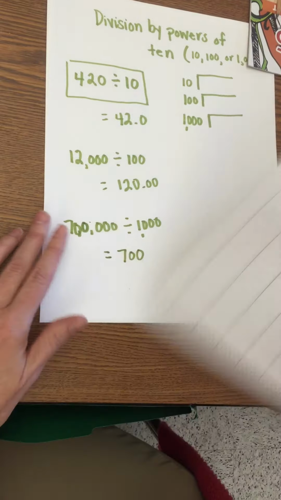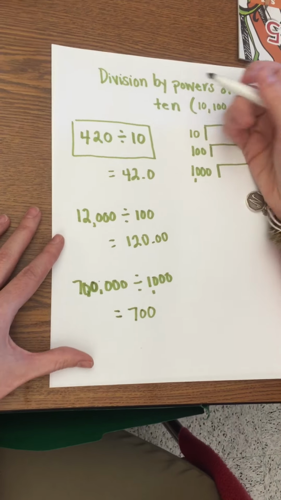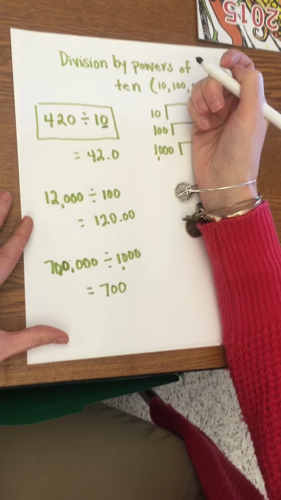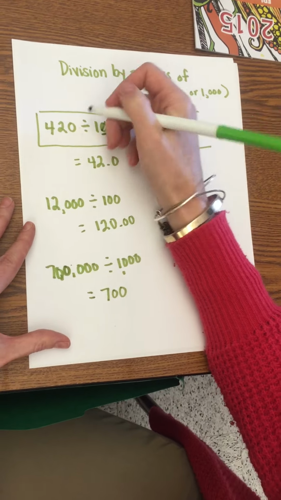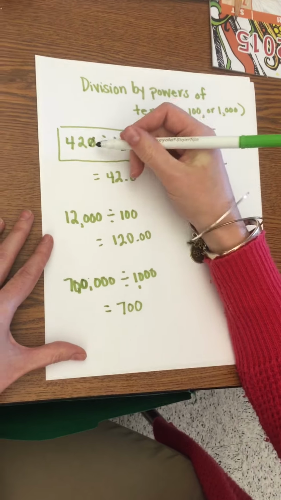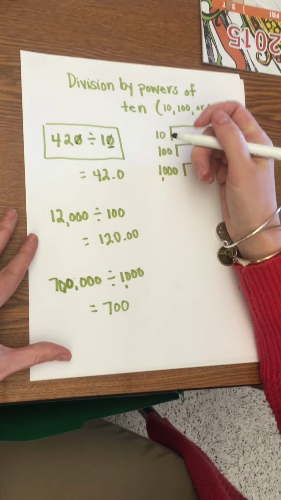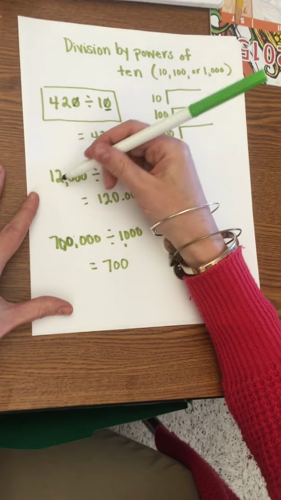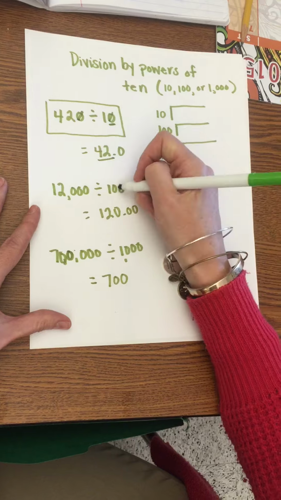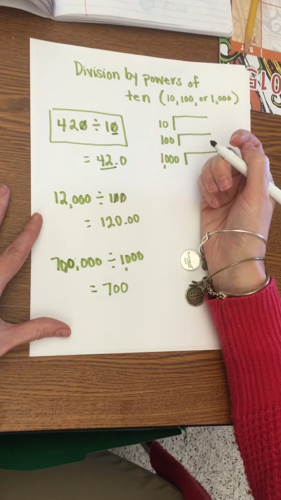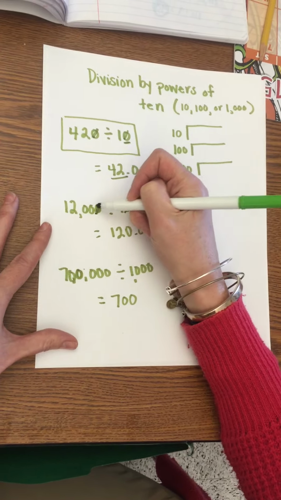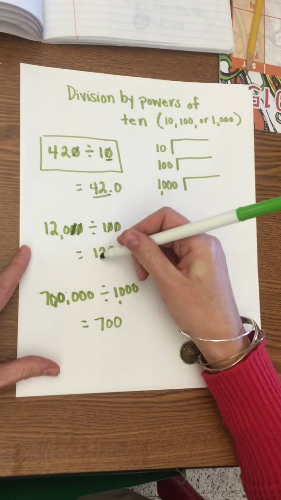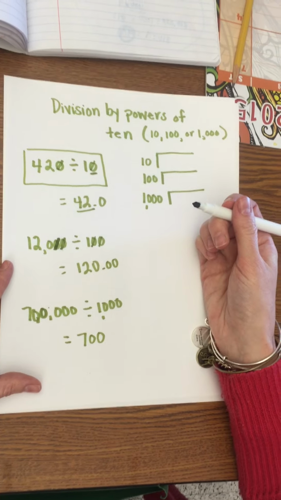Let's look at some of the patterns. I noticed here when I divided by 10, I had 1 zero in the tens place, and I got rid of that 0 in my dividend, so my answer was 42. When I divided 12,000 by 100, I had 2 zeros in the hundreds place, so I shifted those 2 places, and it was like I got rid of 2 zeros and ended up with 120.